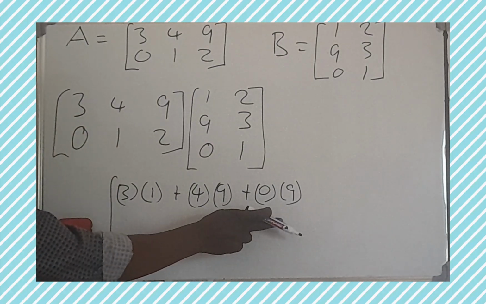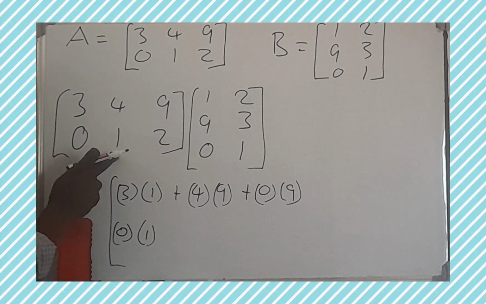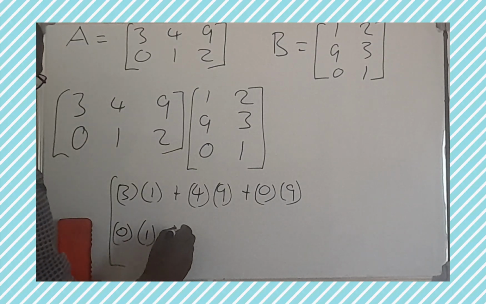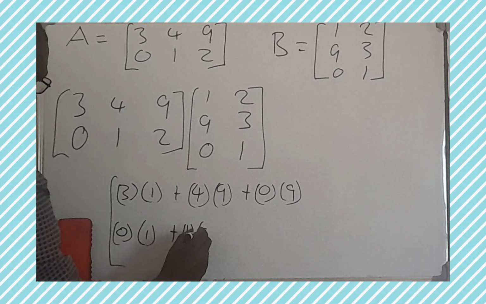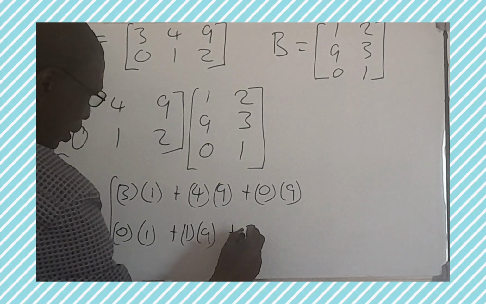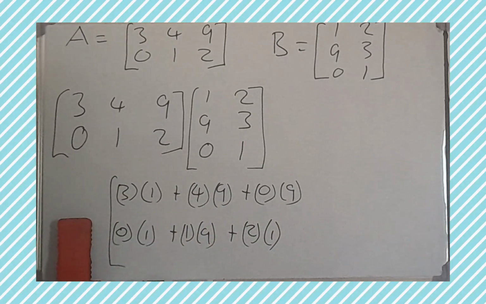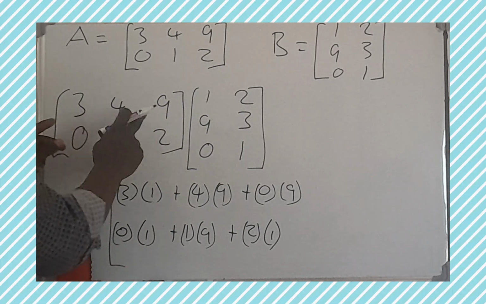That's what we have here. Then what else? We come over here and we say 0 multiplied by 1, 1 multiplied by 9, plus a 2 multiplied by a 1. This one here.